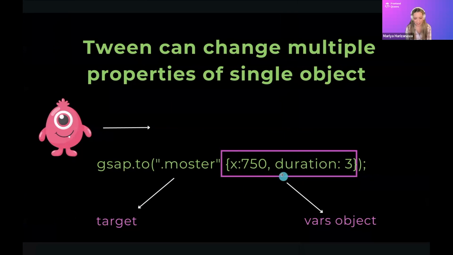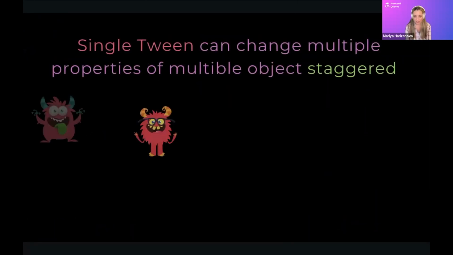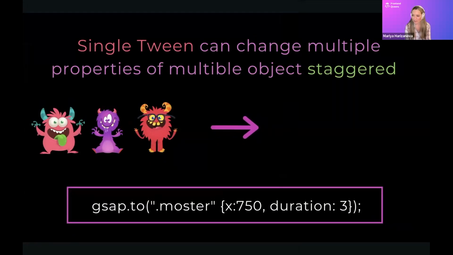Okay, so a tween, we talked about it, changes multiple properties on one single object. And this is super interesting. Then we're going to talk about stagger. Stagger unlocks one of the most powerful features.